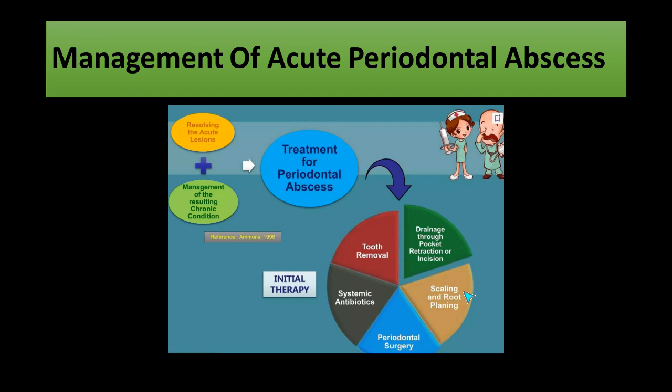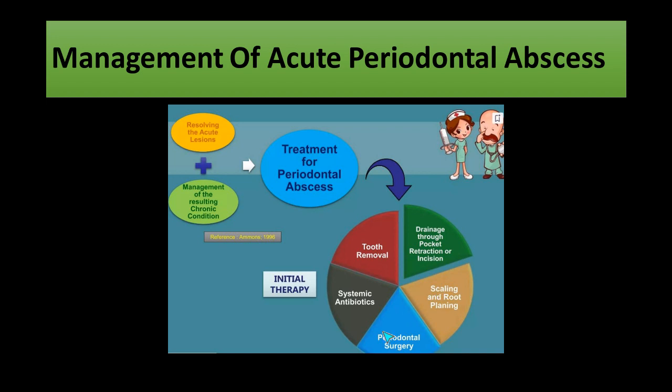So the main criterion for management of acute or chronic periodontal abscess is first drainage, followed by scaling and root planing on the same visit. After you do this, you advise the patient to gargle with warm salt water for the next 24 hours, and then you call the patient back to check after 2 or 3 days.